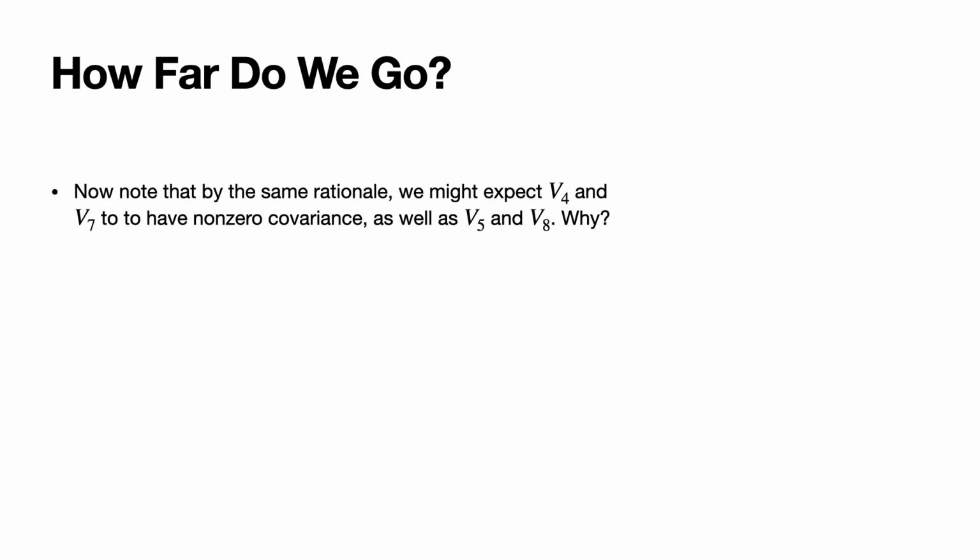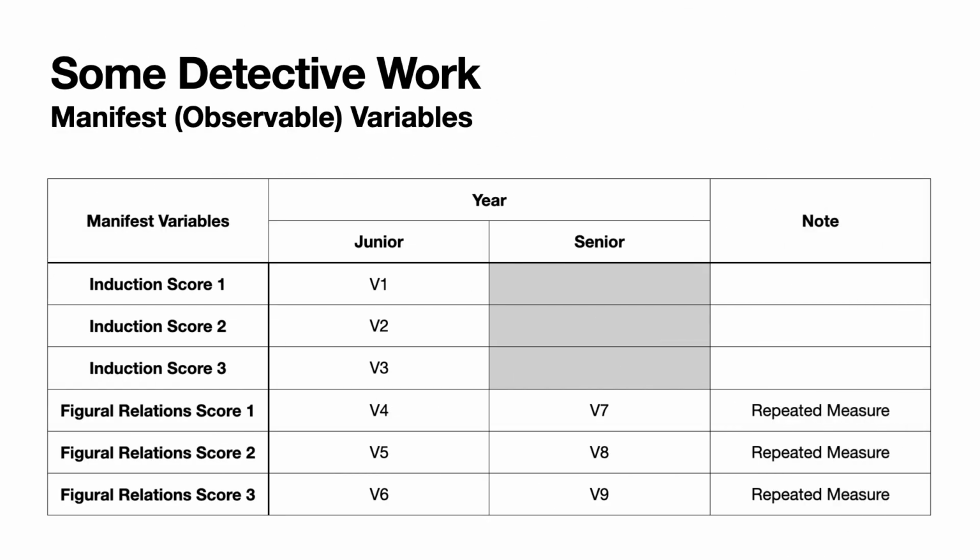Now, why is that? Well, because in the same way that V6 and V9 were repeated measures on the third figural relation score, V4 and V7 are repeated measures on the first figural relation score, and V5 and V8 are repeated measures on the second figural relation score.